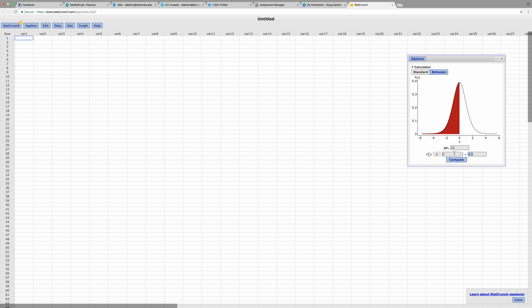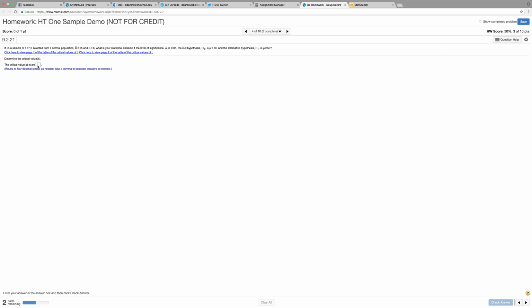So I want the area to the left to be 0.025, and my sample size is 16, so my degrees of freedom is 15. And so what do we say, 4 places, so negative 2.1314 and positive 2.1314.